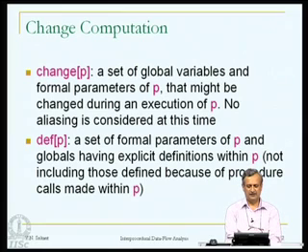Only global variables and formal parameters can transmit effect outside the procedure P. So, no aliasing is considered at this point.